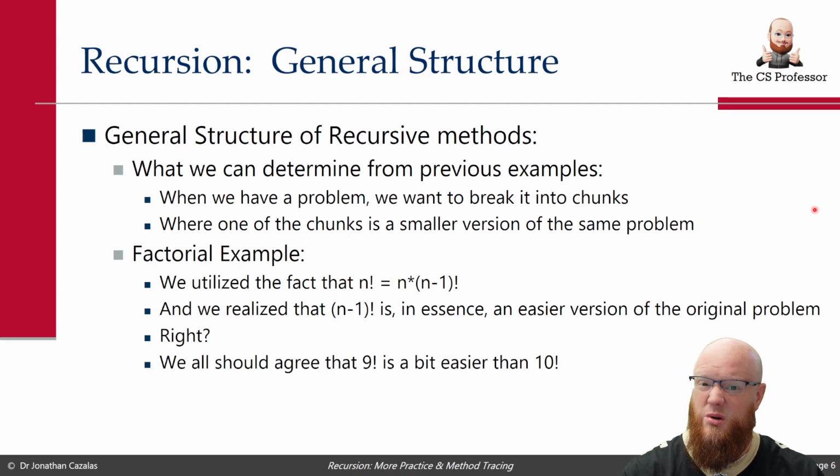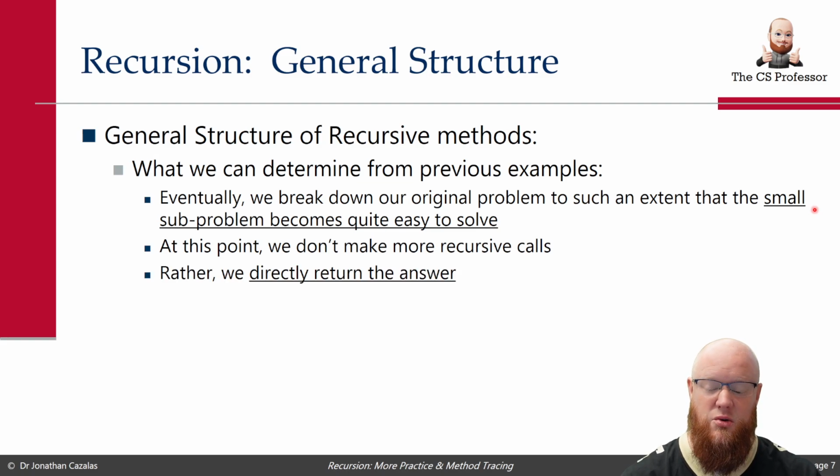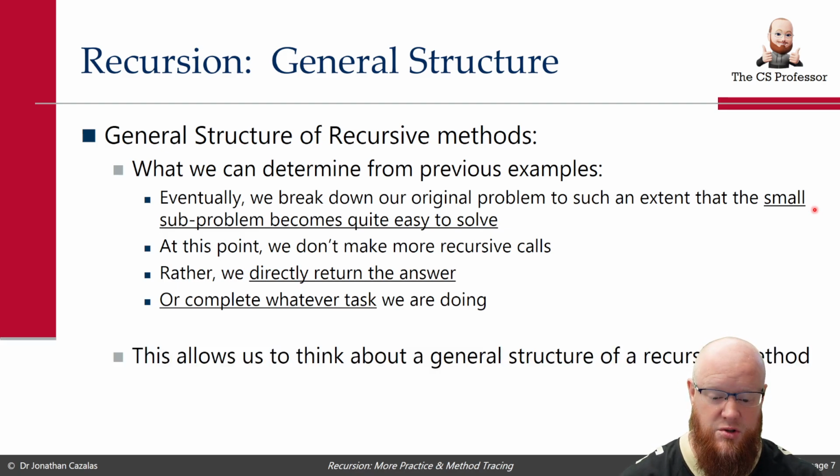So 9 factorial is a smaller version of 10 factorial. So eventually we keep breaking this down into smaller and smaller versions of itself until that final smallest problem we actually know the answer to, and we directly return that answer if we're actually computing a recursive method that calculates something. If the recursive method is not calculating something, we'll just simply complete whatever task we're doing.